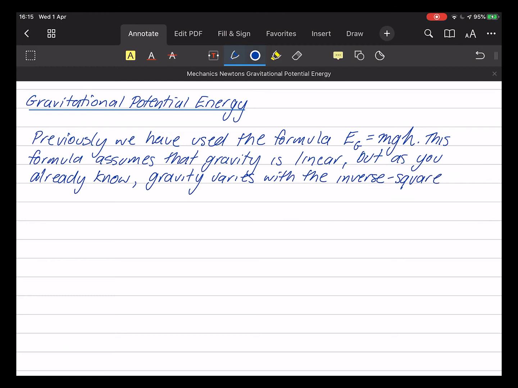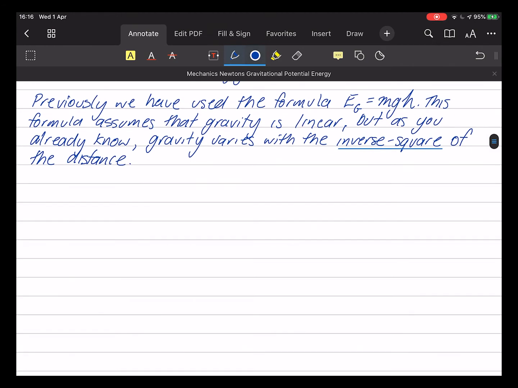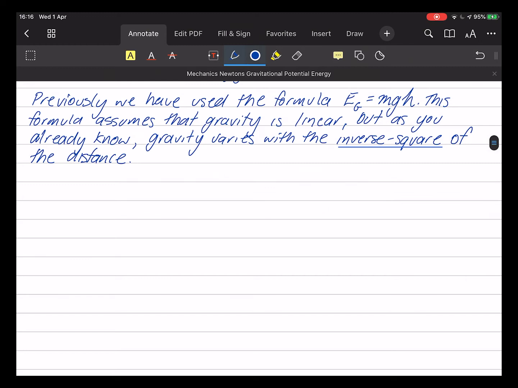It's an inverse square law. It's not a straight line. It was the inverse square of the distance.